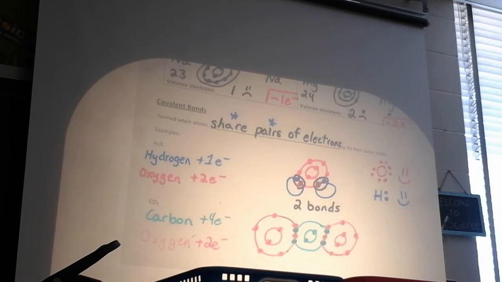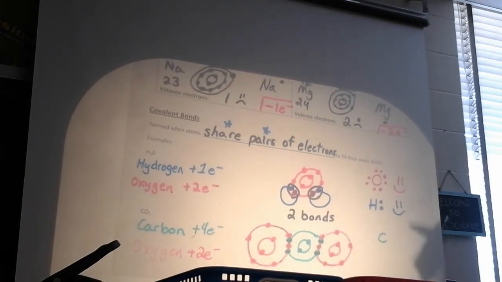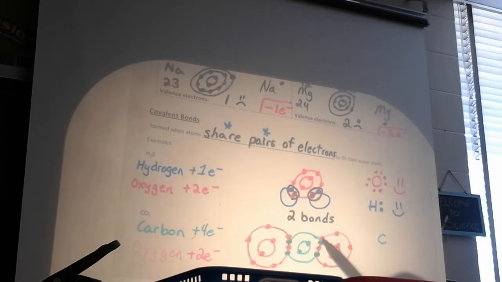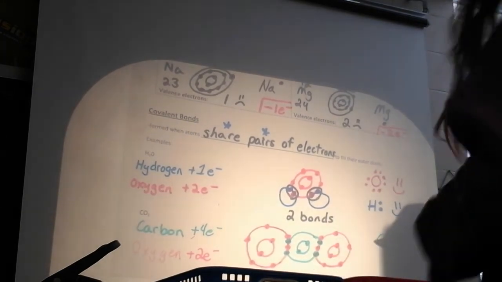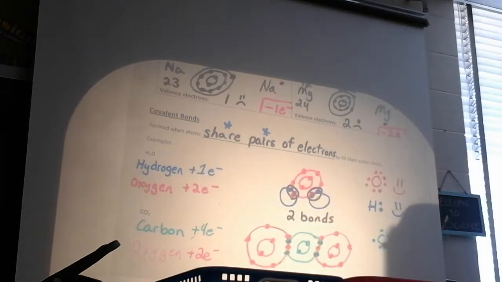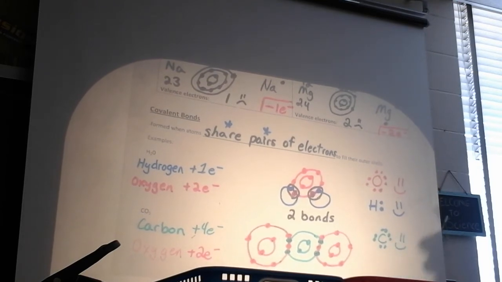Okay. Now let's talk about the carbon. Let's look how many valence electrons carbon now has. It has 1, 2, 3, 4, 5, 6, 7, 8. Okay. And now our carbon is happy.